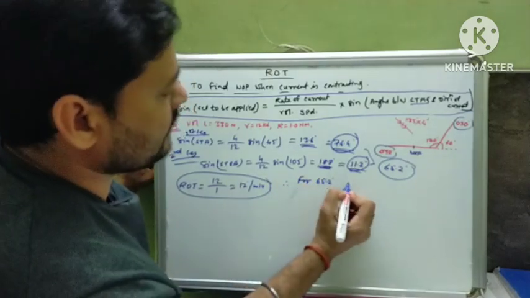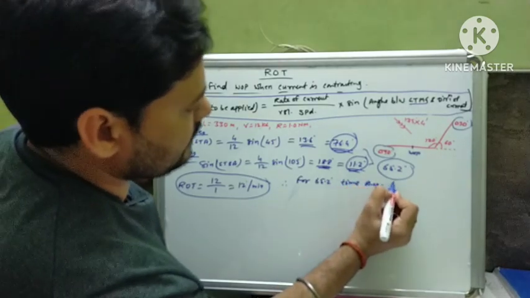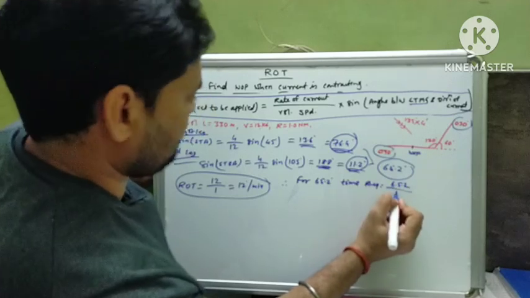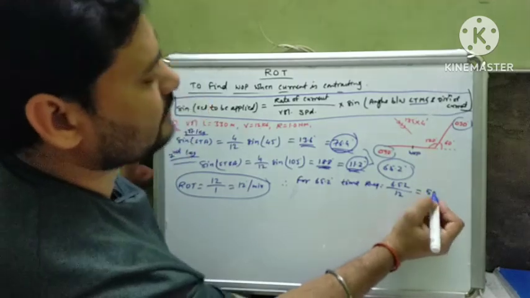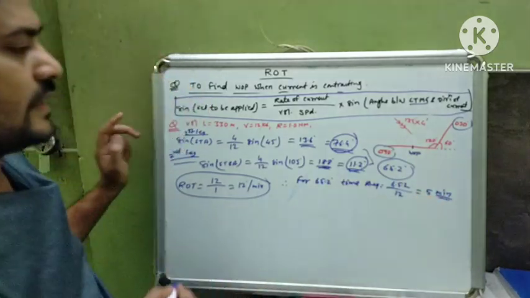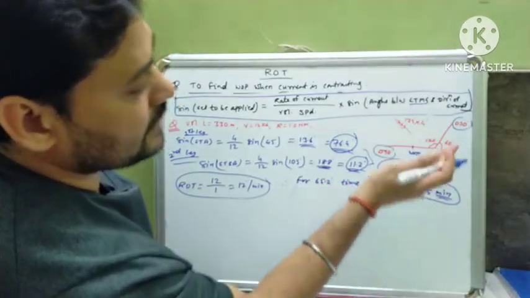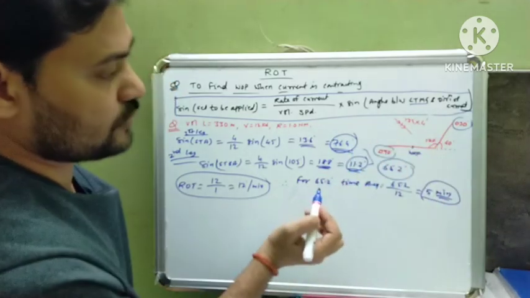For 65.2 degree, time required is 65.2 divided by 12, so near about 5 minutes, just assume 5 minutes. It is taking 5 minutes. This 5 minutes you will take to turn, means once you apply the helm it will take 5 minutes to come to the final course.